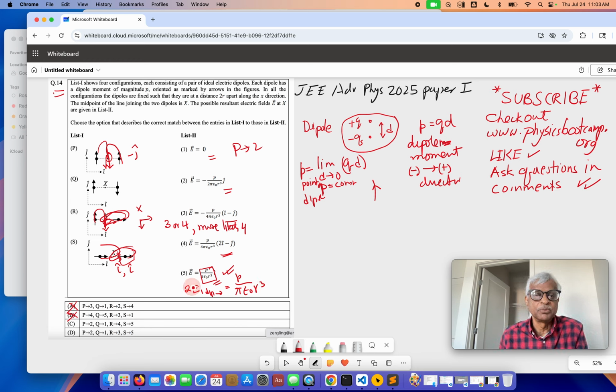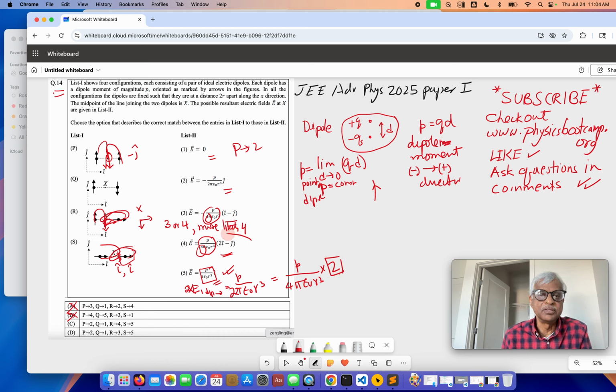So it's going to be P over 4 pi epsilon naught R cube times 2. So the factor 2 comes with the i hat direction. This is correct. So this is going to be 2 i hat minus j hat in the case of R. So R will have to be 4. That's the answer. And D is not the answer.